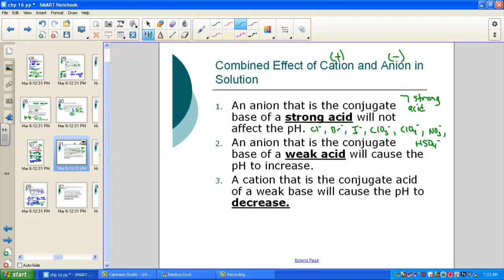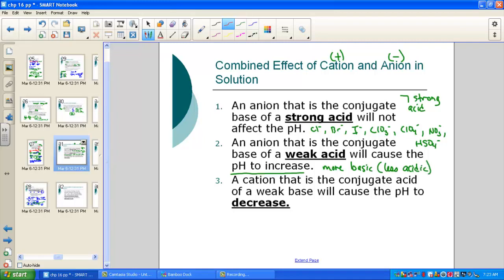names, doesn't it? Any other anion will affect the pH by making it less acidic or more basic. The pH will indeed increase. It's becoming more basic, and think of that as just saying less acidic.